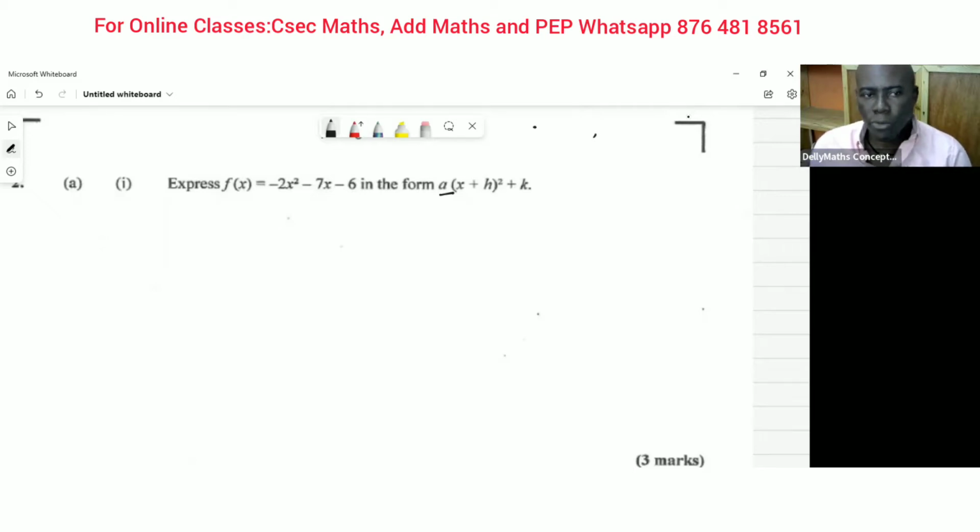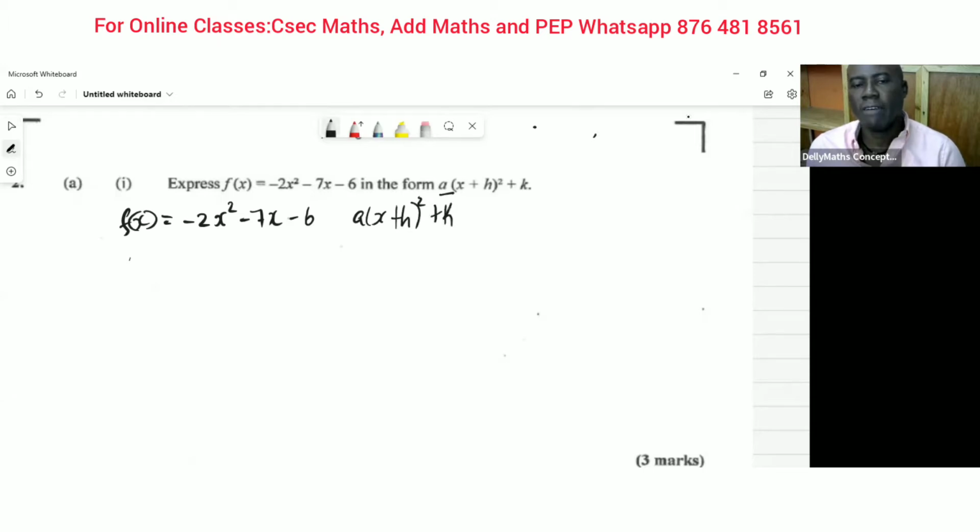So we are going to be expressing f of x equal to negative 2x squared minus 7x minus 6, and we want to write this in the form a (x plus h) squared plus k.